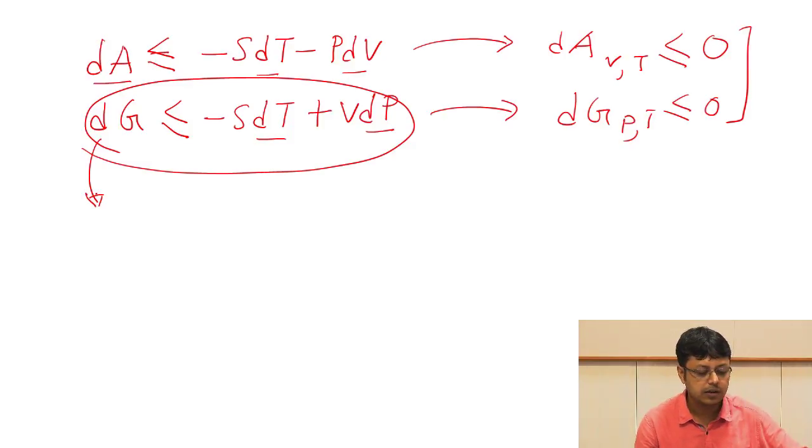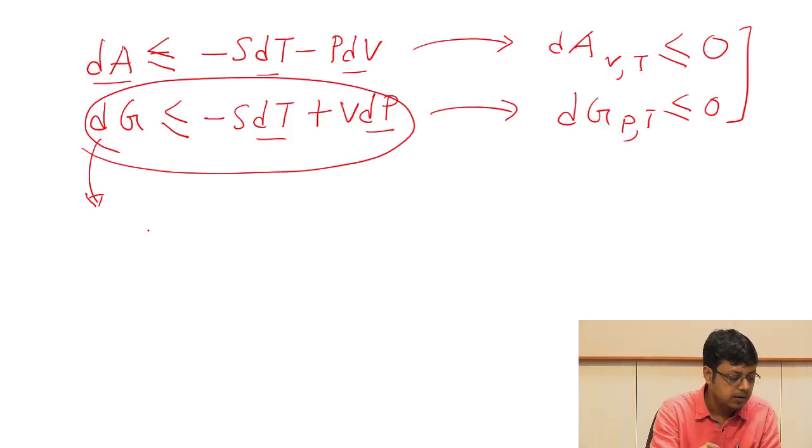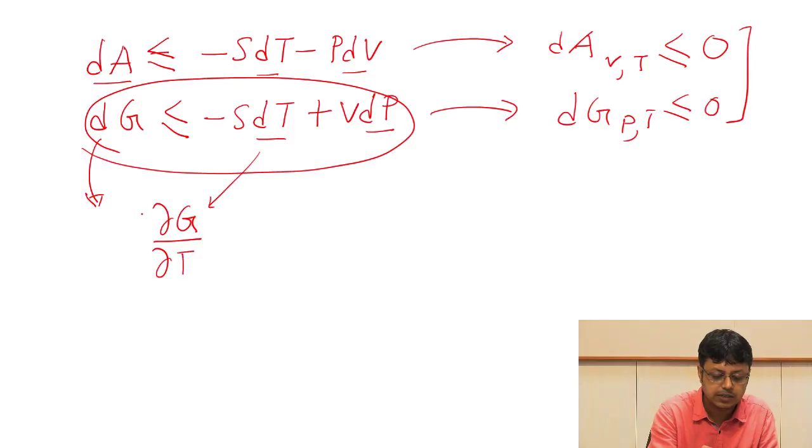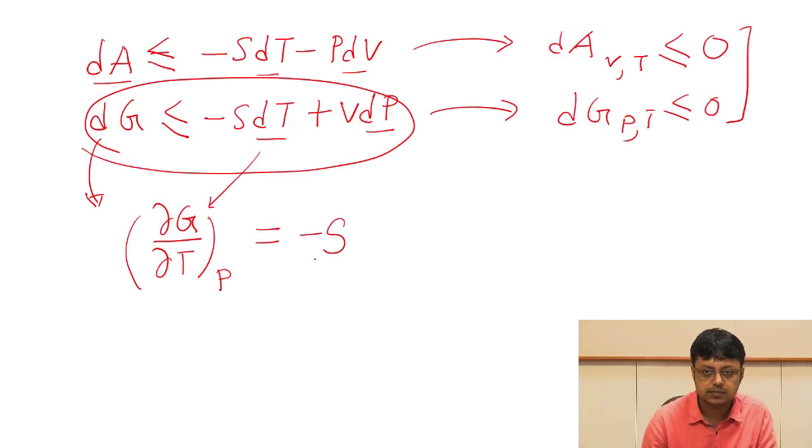Just like we formulated the Maxwell relations, in a similar spirit we can write: first we are taking the variation of Gibbs free energy with temperature, so del G del T at constant pressure. That will be nothing but equal to -S.